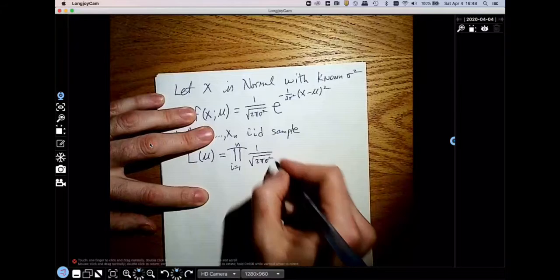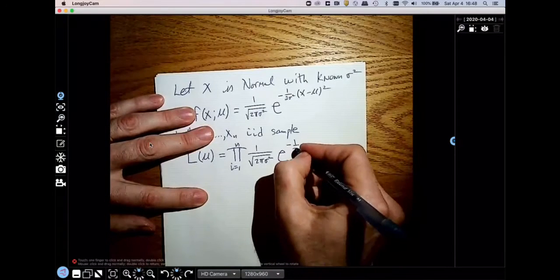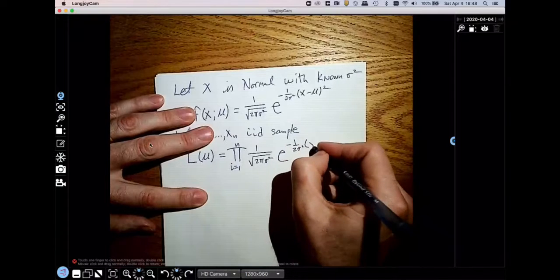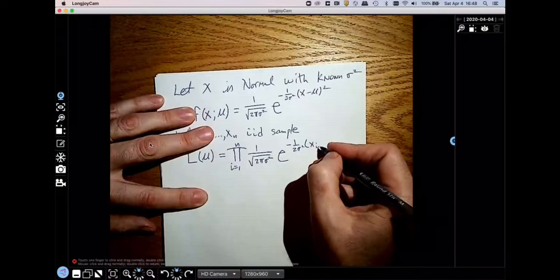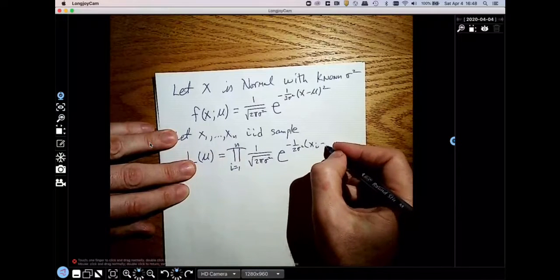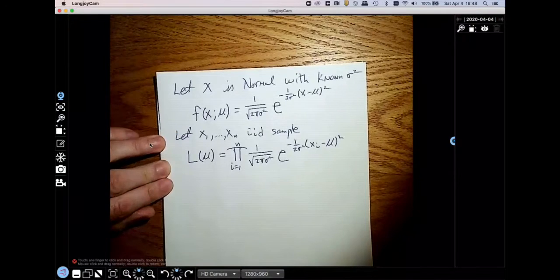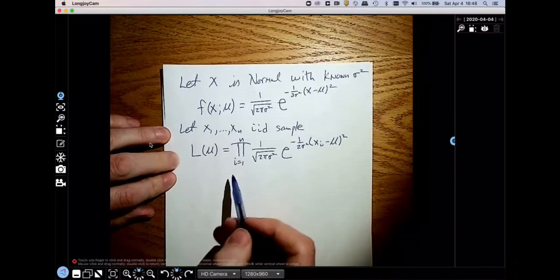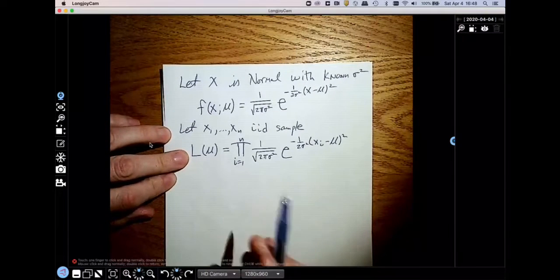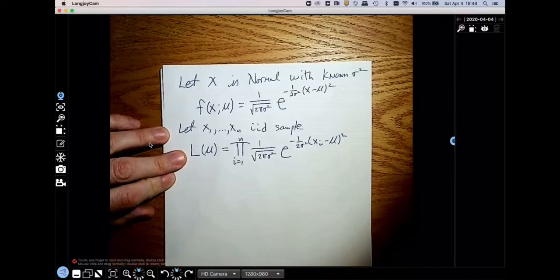So 2 pi sigma squared is what sits down here. e to the negative 1 over 2 sigma squared, xi now. So that's the only difference here, I have to keep track of my subscript, minus mu squared. Well, I want to find the value of mu that makes this expression as large as possible.